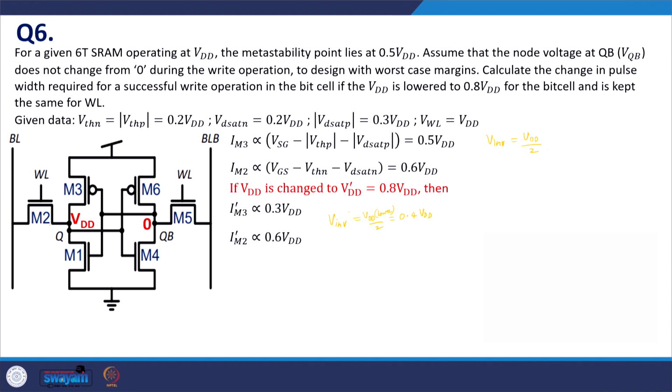Because M2 is operating in saturation, its current would not change much. So, we need to take the ratio of how much IM3 has reduced. By the same ratio you can reduce the pulse width. So, that much smaller pulse width can now sustain a flip of the basic memory cell.